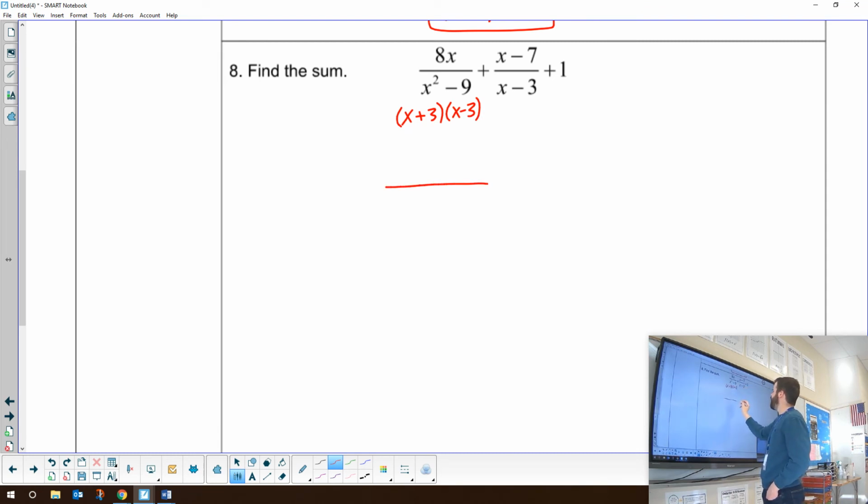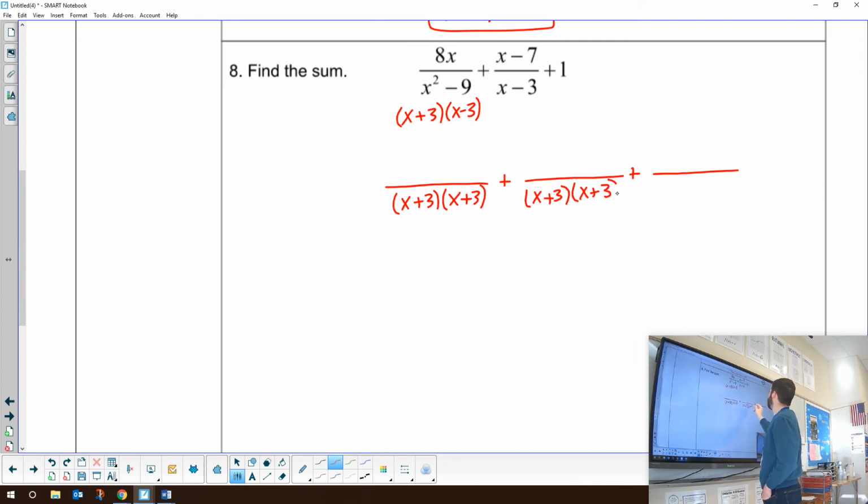So when I draw out my new fractions with my new common denominator, I'm going to want each one of my fractions to have a common denominator of x plus 3 times x minus 3, because that includes everything.